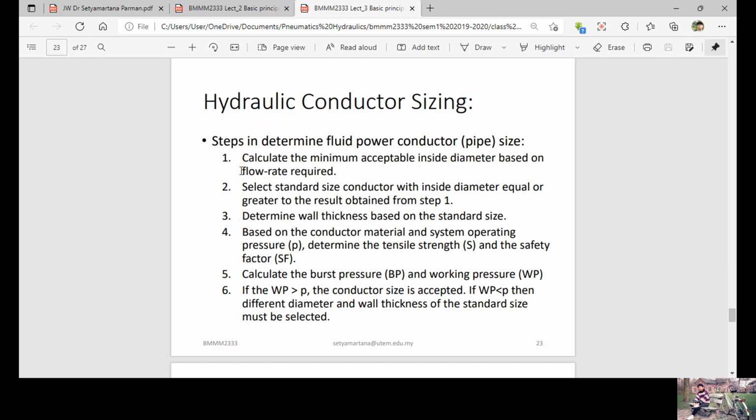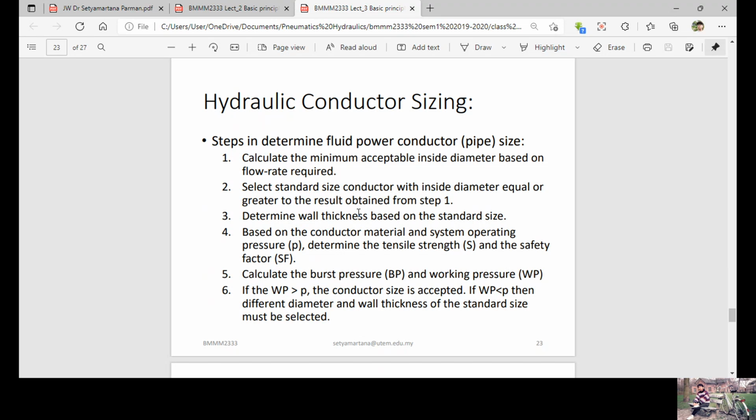So see what is the flow rate required, and then what is the acceptable diameter. Then select the pipe with inside diameter equal to or greater that is available in the market.